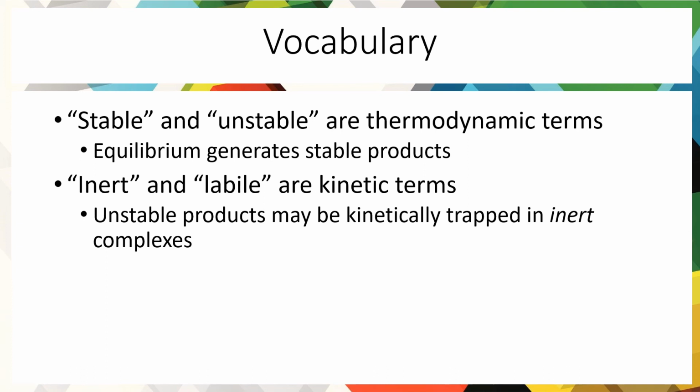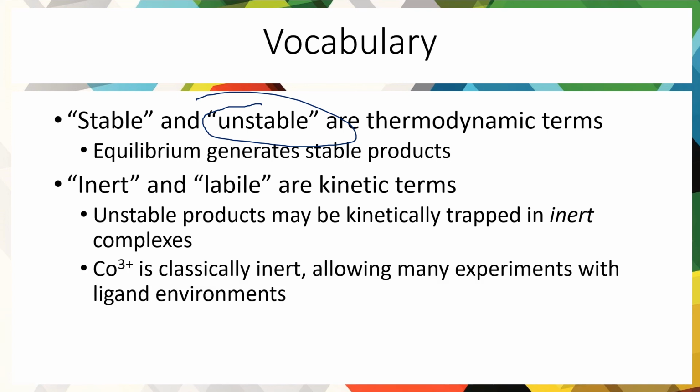So it's possible for unstable complexes to be kinetically trapped if that complex is also inert. That means that even though there's a better ligand that could exchange for one of its ligands that's on there now, it's not going to exchange because the reaction is too slow. It can be many years before that exchange begins to occur at an appreciable rate.